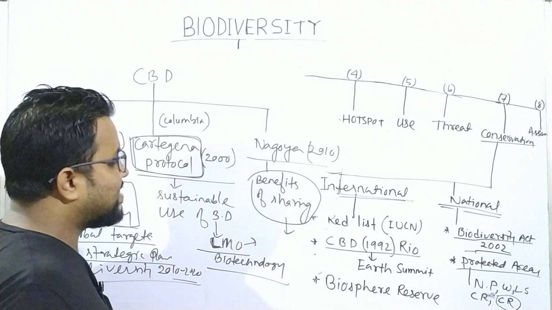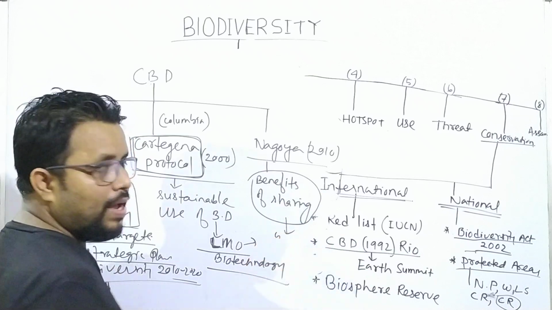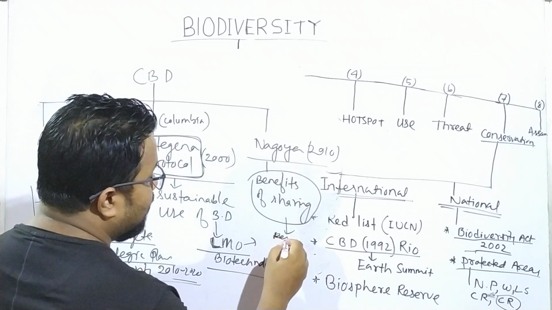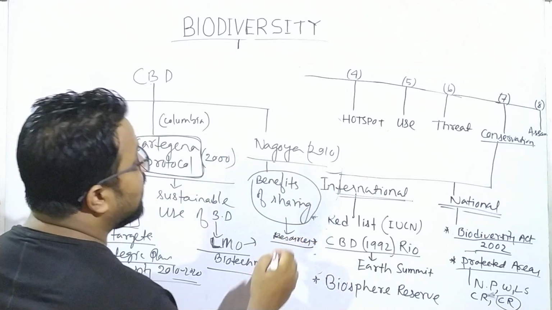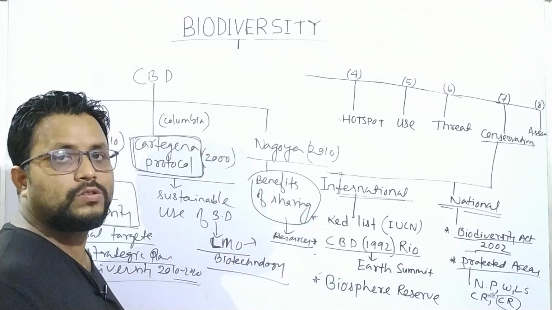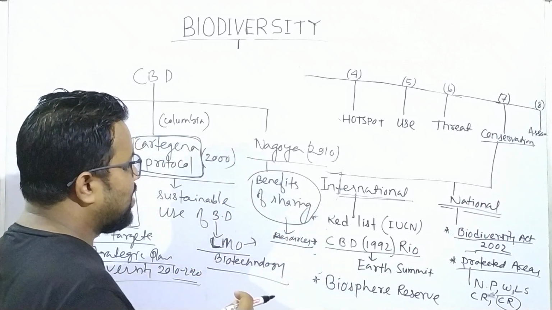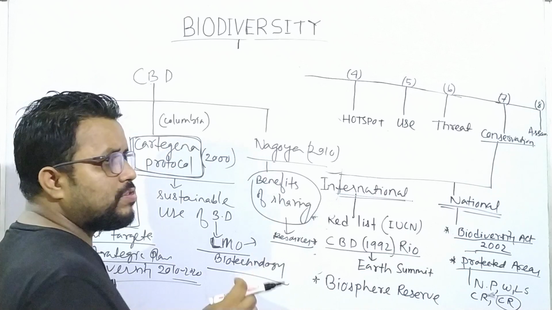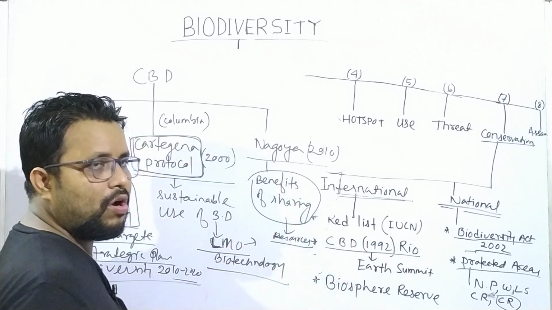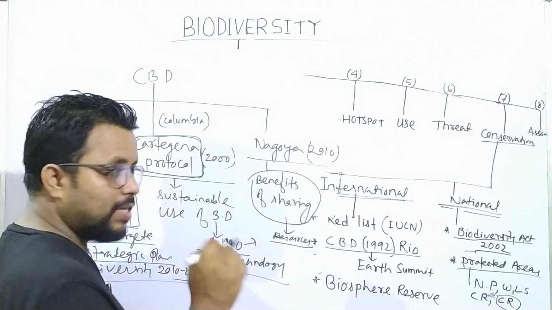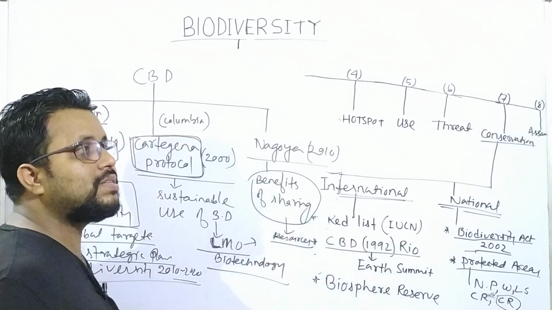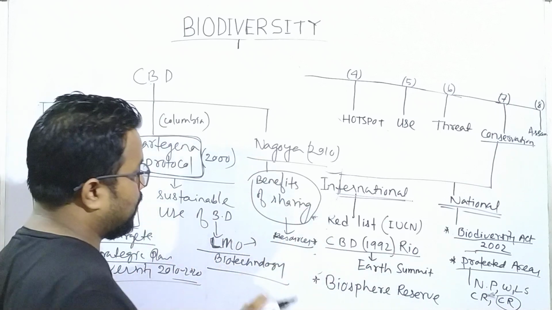Suppose a scientist from Germany used Indian resources. What I am saying is, a German scientist came to India and used our resources, and by using them he made something or discovered something.